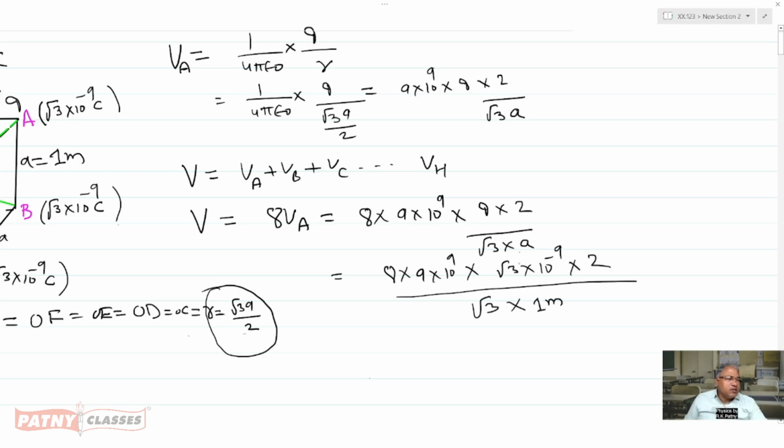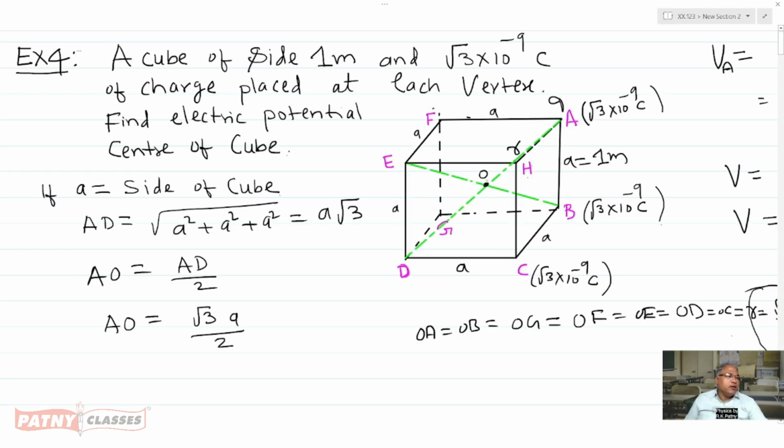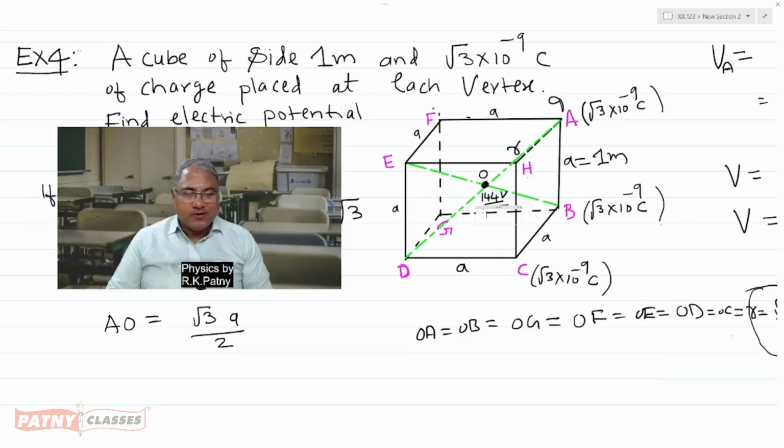Now let's see the cancellation. Root 3 gets cancelled, 10 raised to 9 and 10 raised to minus 9 also get cancelled. So this equals 8 into 9 into 2, that is 72 into 2 equals 144 volts. Therefore, the electric potential at the center of the cube is 144 volts. So this is the required solution.